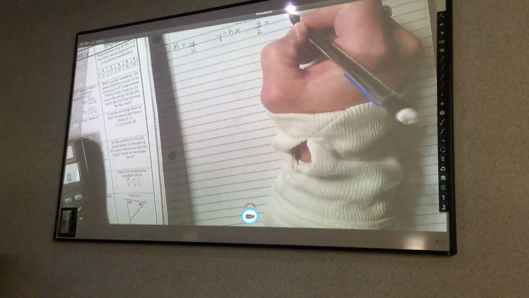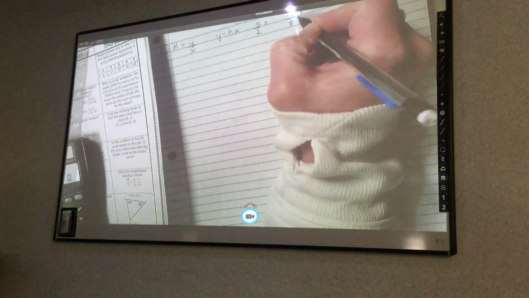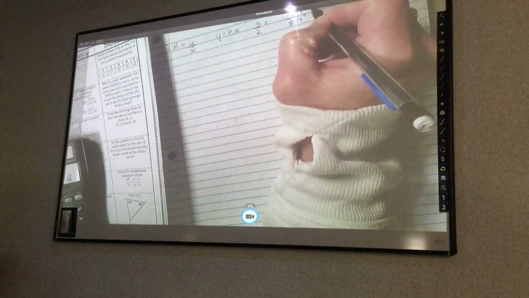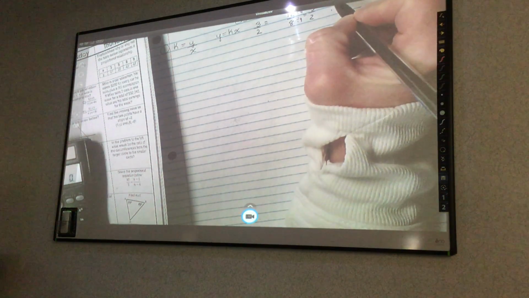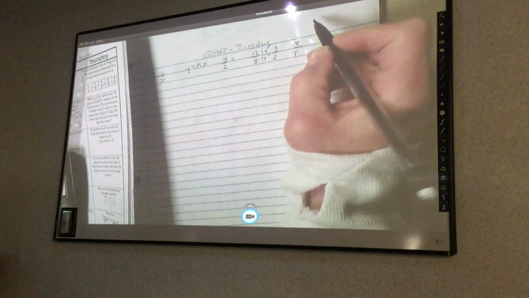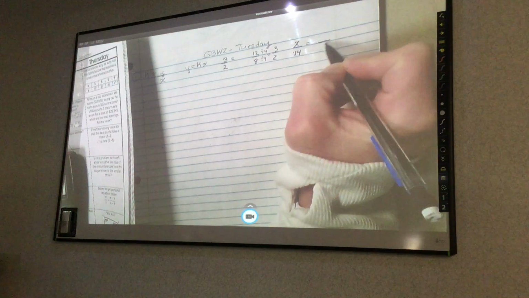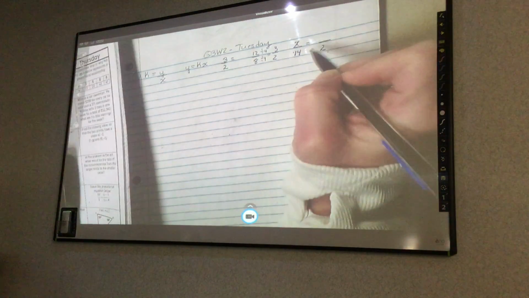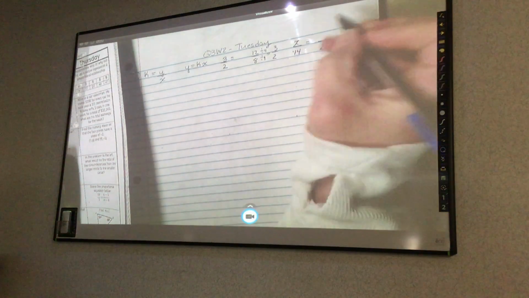Then we have 12 over 8, which you reduce by 4, which then equals 3 over 2. And then I have something over, can't see it, thank you, something, which is my X, over 14 equals something over 2. So what did I divide by 14 to get to 2? 7.